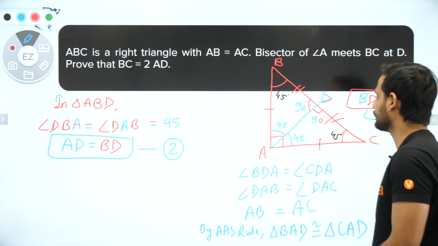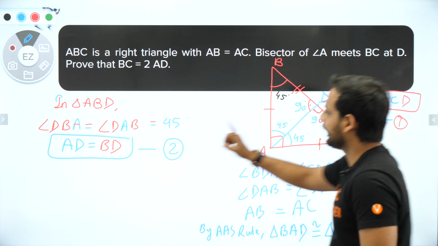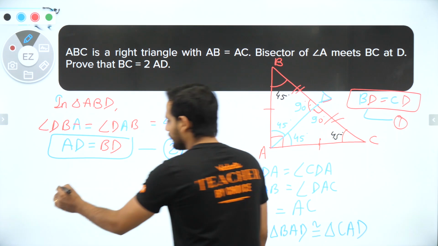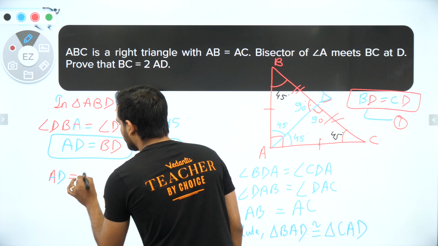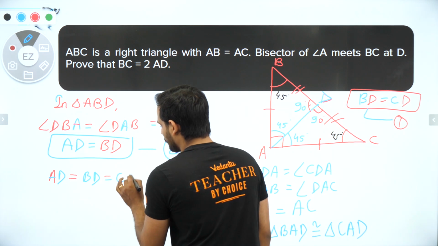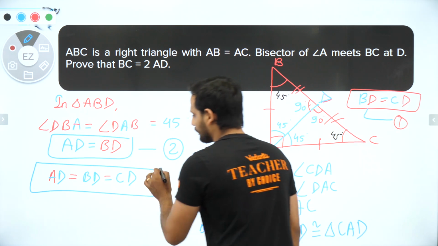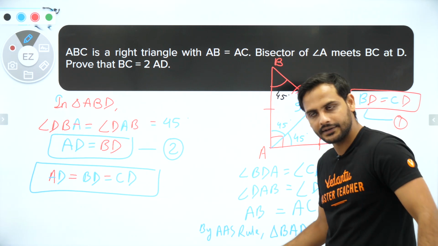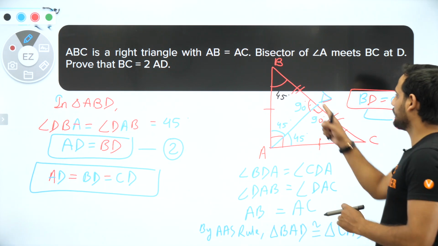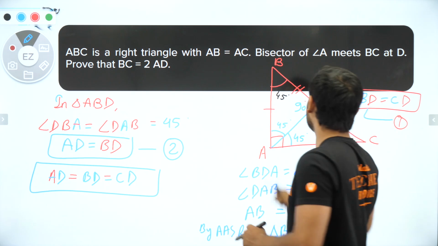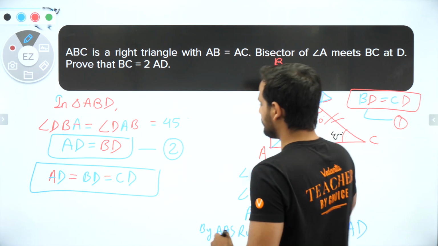So from both the equations what you will be getting, see children, BD is equal to CD and BD is equal to AD. So I can say that, sir, AD is equal to BD is equal to CD. All three are equal to each other, right? Now children, can I say that BD plus CD is equal to BC? Yes.